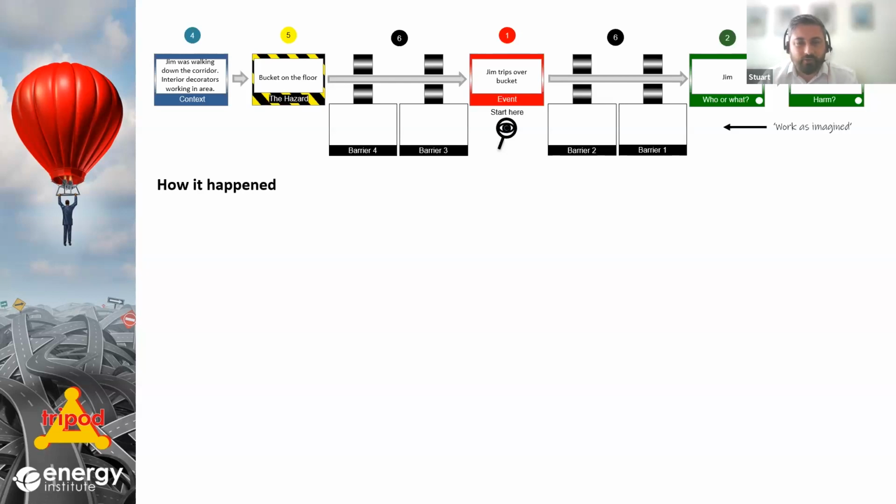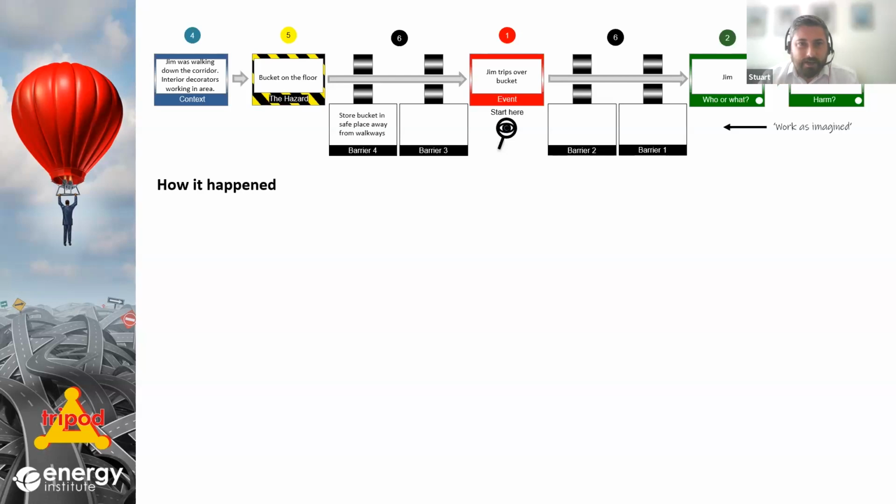In the PDF version of Tripod Lite, we have space for 4 barriers. Now, 4 barriers should be plenty for most incidents. In the Excel version, though, there is space for 8 barriers. That gives you an idea that the Excel version is for if you have a slightly more complex incident and you need more space, more barriers, etc.